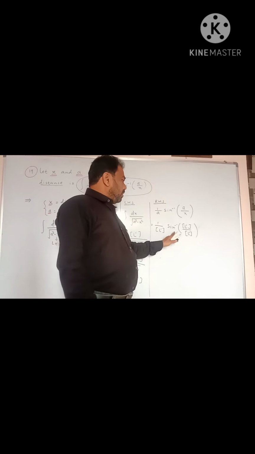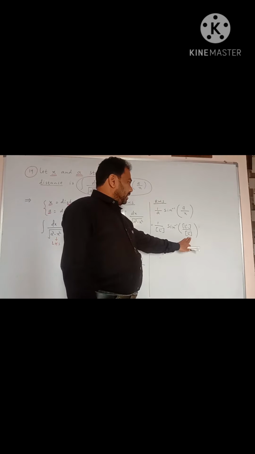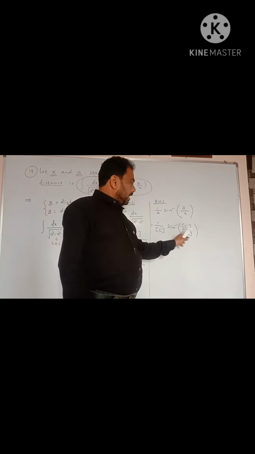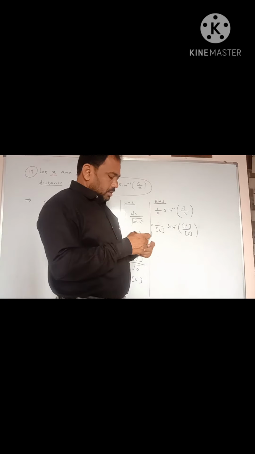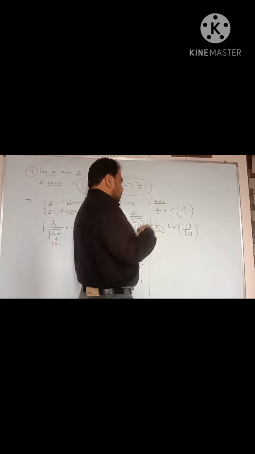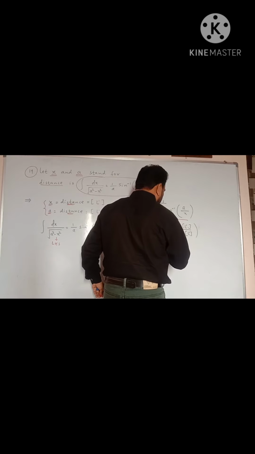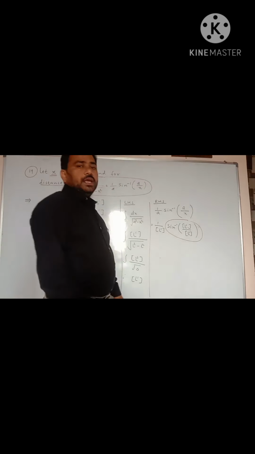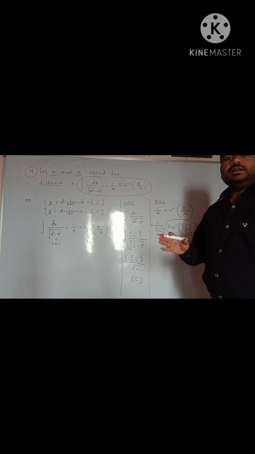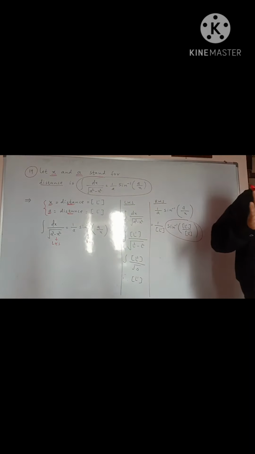But whatever is in the bracket after sine inverse indicates an angle, whether it is sine, cos or tan. And we are familiar with angle: angle is a dimensionless quantity.